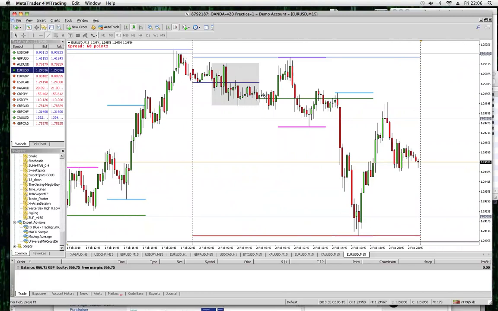It didn't break the high. This is manipulation. Oh, what's going to happen now? Distribution. You sell. Boom. That's it. You're now a Forex pro.